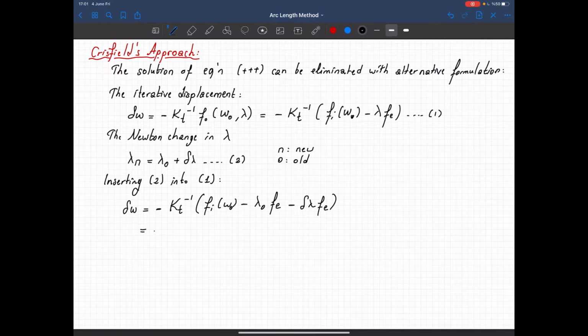So rewriting it, Kt inverse is equal to, we have F, W0 lambda 0. This is the residual force again. Minus iterative lambda multiplied by the external force.